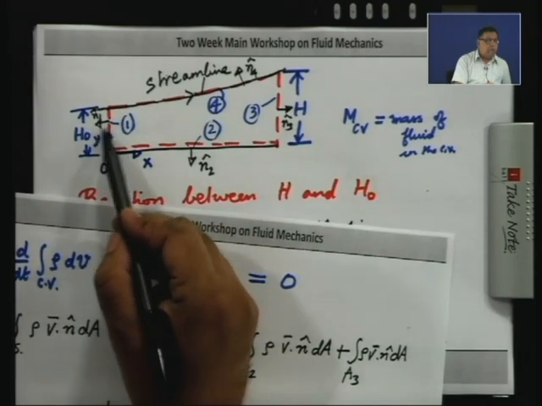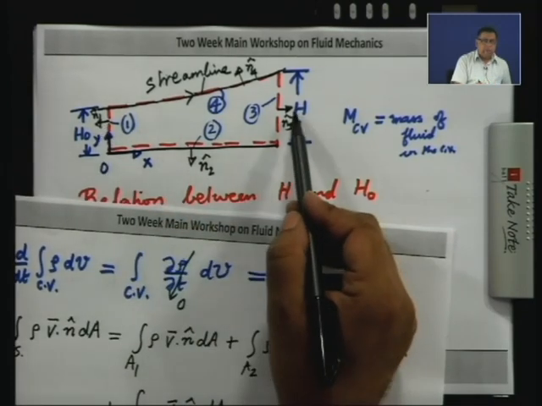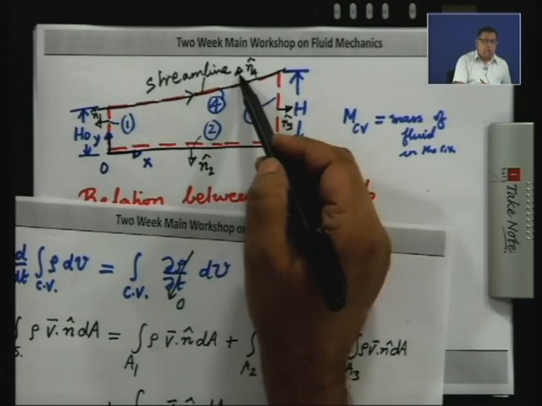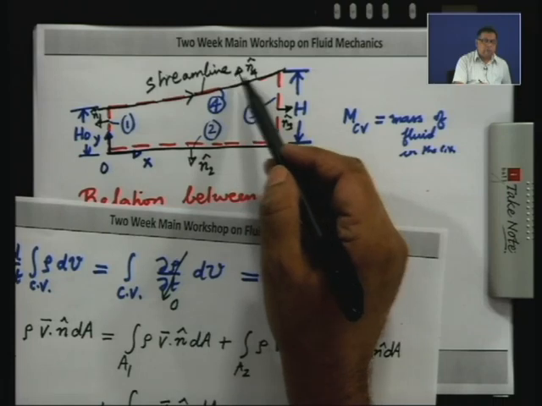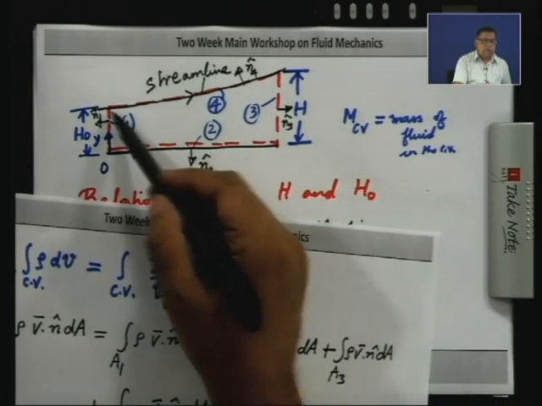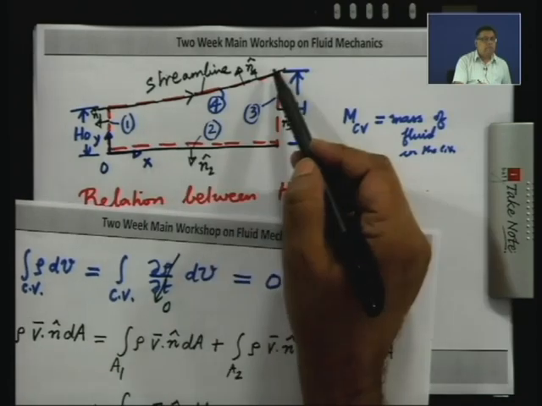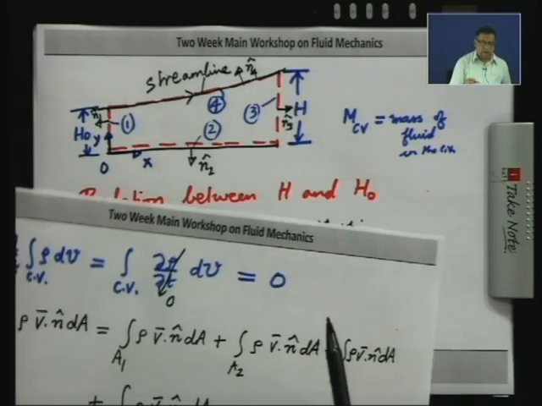Now, N1 is a constant which is minus i, N3 is a constant which is plus i, and N2 is a constant which is minus j. N4 is not a constant vector, it is changing as you move from this point to this point, because this surface is a curved surface.